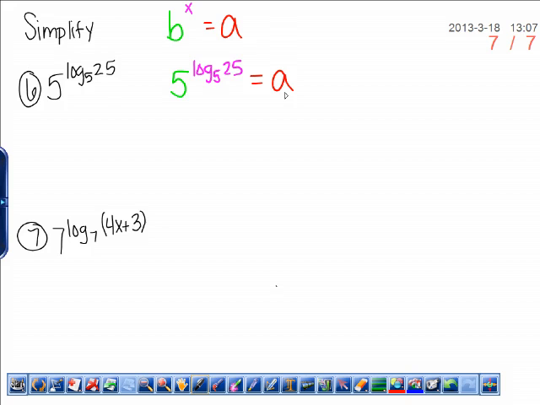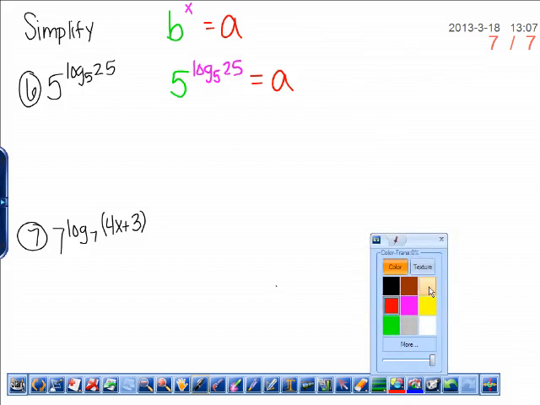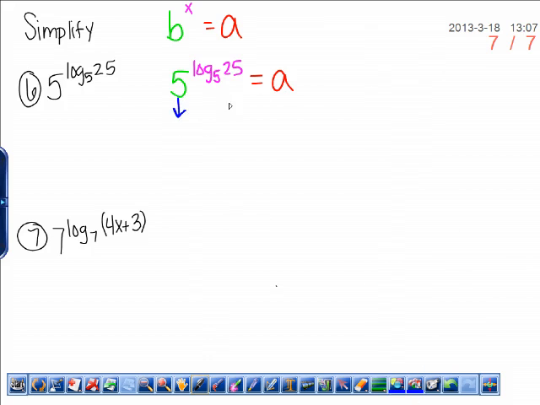Basically what we're going to be doing is looking for a. Let's rewrite this as a log equation. So remember to do that. We drop it, cross it, cross it. So what does that give me?